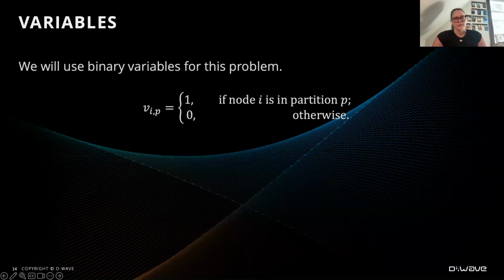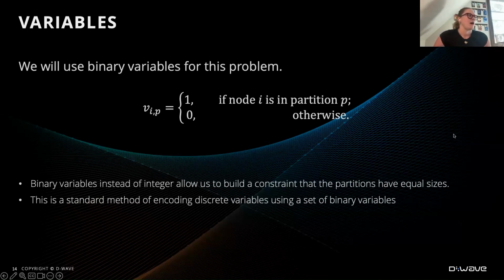There's a couple of different ways you could build this problem. You could build it with integer variables, but some of the reasons why we want to use binary variables instead of integer variables is that we can enforce the constraint that we talked about where we want our partitions to have equal sizes.